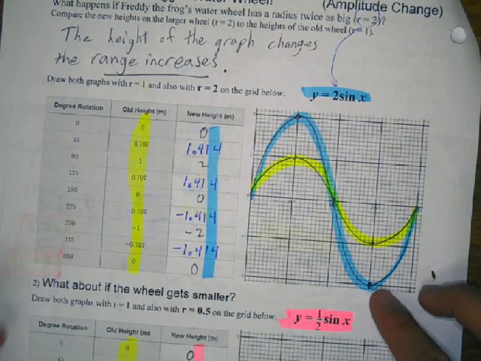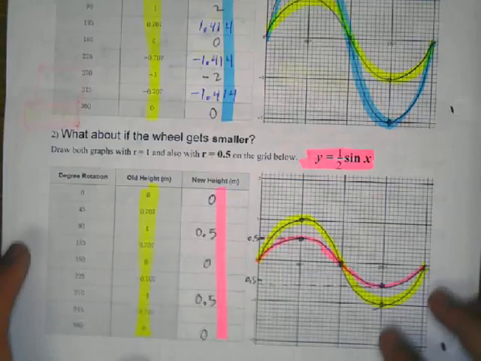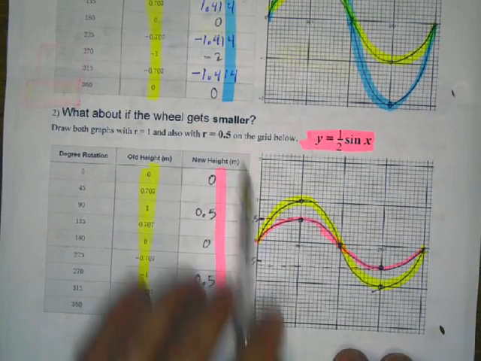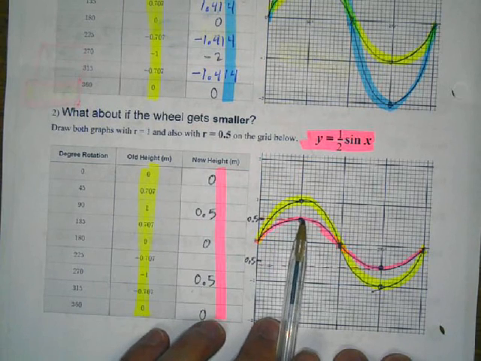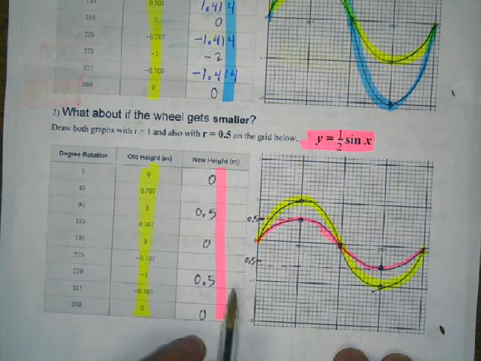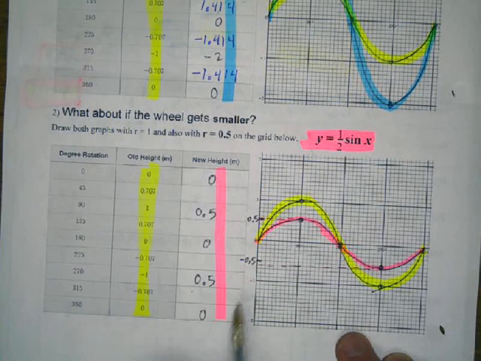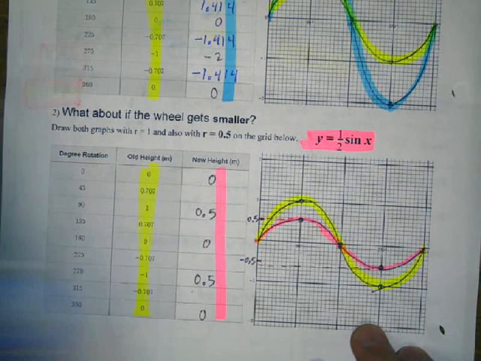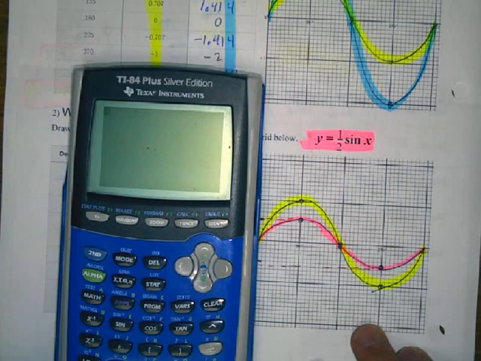What happens if r is smaller? He gets on a smaller Ferris wheel. Then the maximum height is going to be 0.5, and the smallest height is going to be negative 0.5. If I multiply 0.707 times 0.5, I get 0.3535.